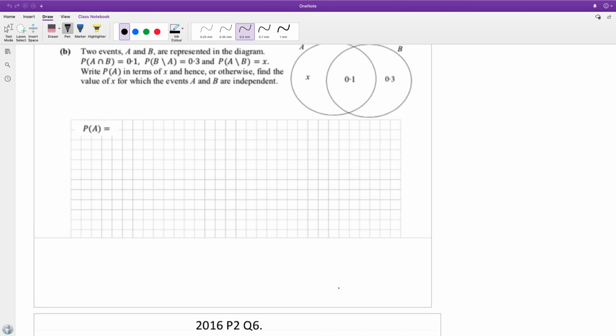Over here, it's simply probability of A multiplied by probability of B, because they're independent of each other. Ready? See if you can work it out from there.